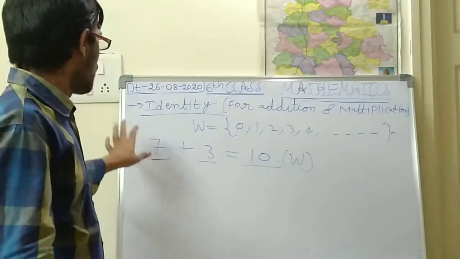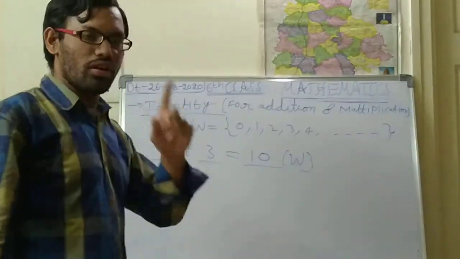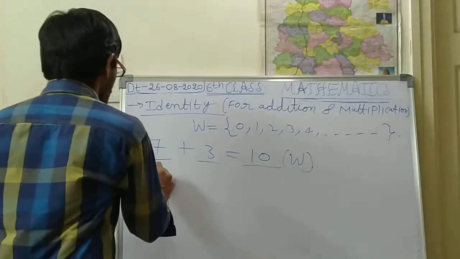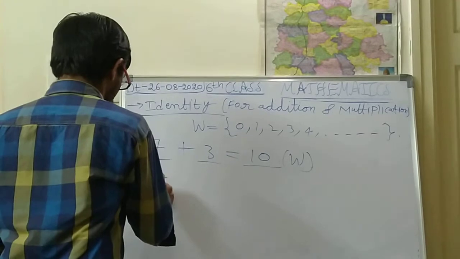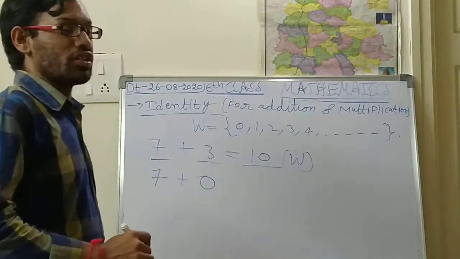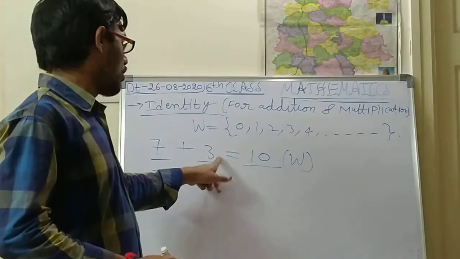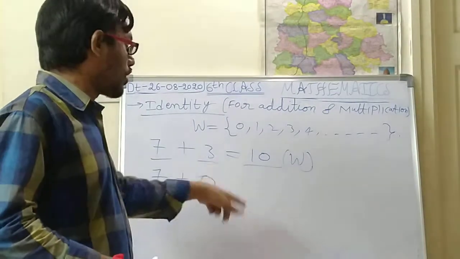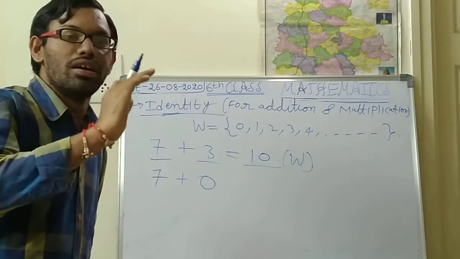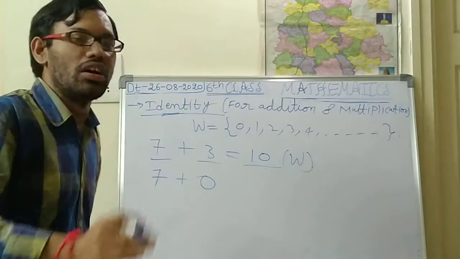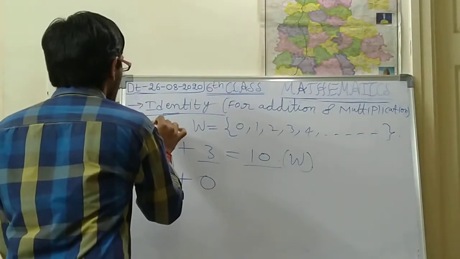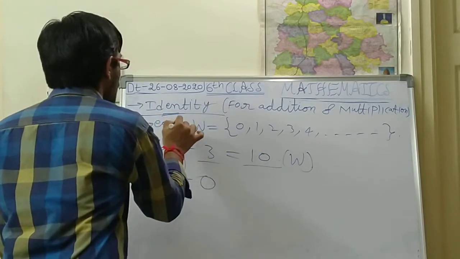Suppose you are adding 7 plus, and instead of another whole number you add 0, what will it become? Identity means the same person or same thing. So identity means equal. Okay.